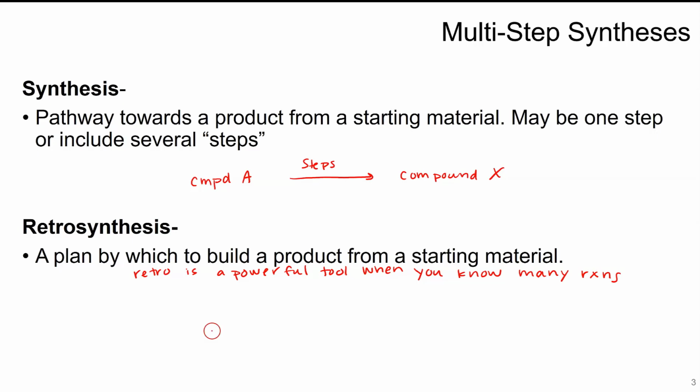In using a retrosynthesis, we start with compound X, and we work backwards in many steps, all the way to compound A.